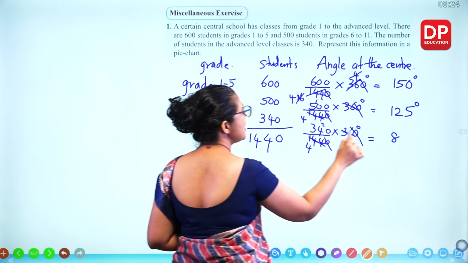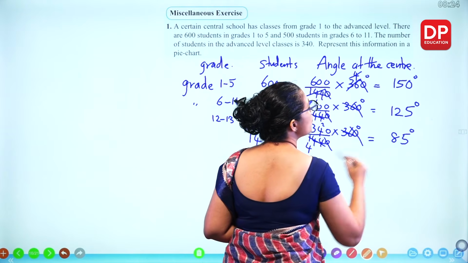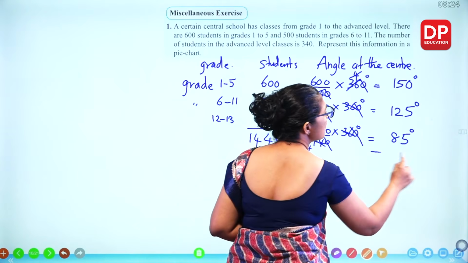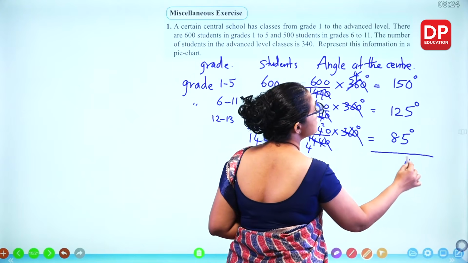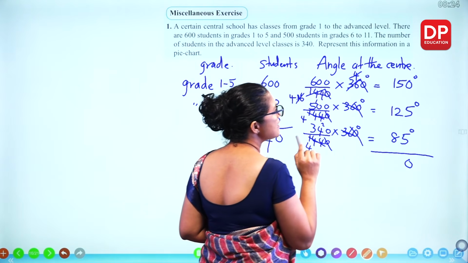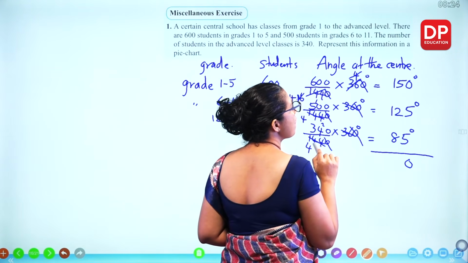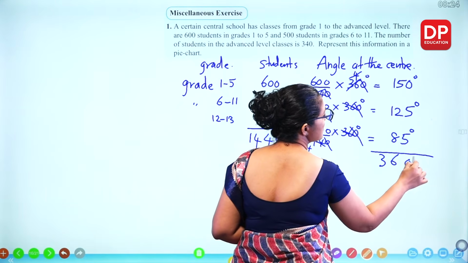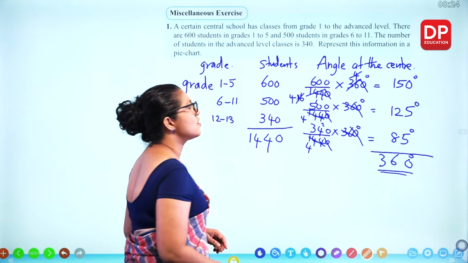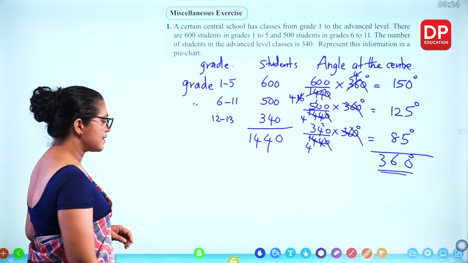For 20, that's 5. So 85 degrees. Now we'll check whether this is correct. By adding the angles, you get 10, 1 remaining, 6 plus 2, 8, 8 plus 8, 16, 1 remaining. So that's correct. So altogether 360 degrees.